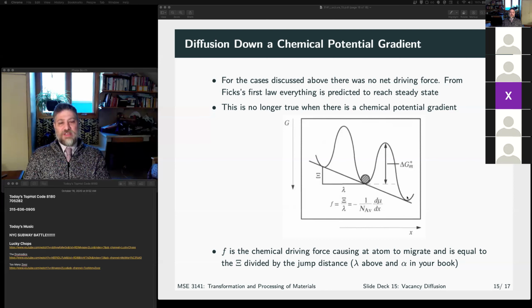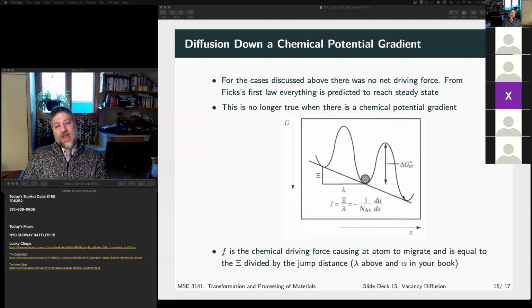So most of the time, which means, let me be clear, this chemical potential gradient is usually fairly shallow, right? So this Xi term isn't a huge barrier compared to delta GM, but we don't need a huge addition to this barrier to make a very large effect, right?